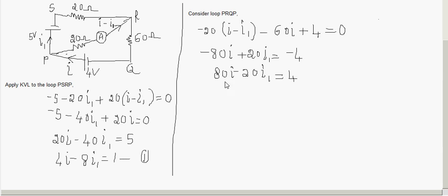Divide this equation by 4. 80 divided by 4 is 20, 20 divided by 4 is 5, so 20I minus 5I1 equal to 1. Let's call this equation number 2.